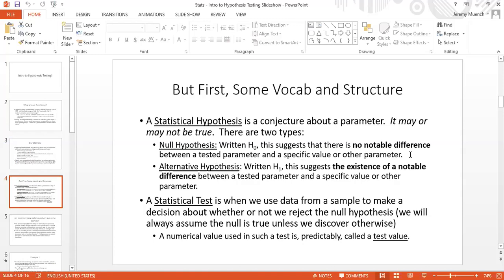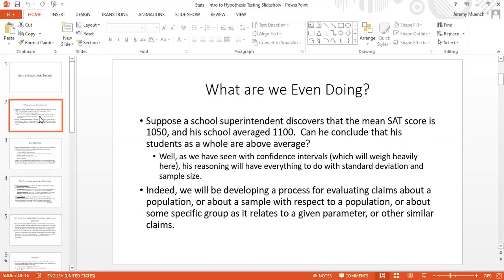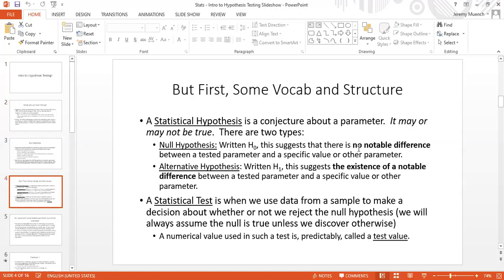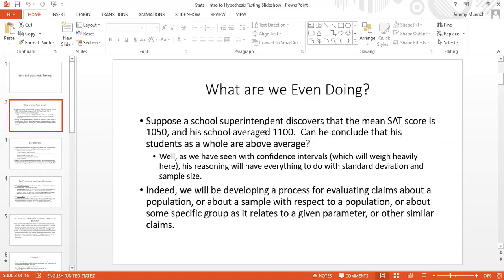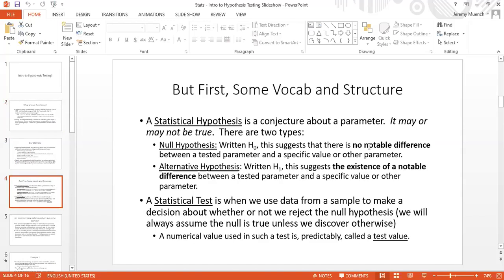So if we're assuming a mean of 1050, the null hypothesis would be that there is no notable difference between our sample, how this superintendent's school did, that 1100, and the 1050 that is actually the population parameter.